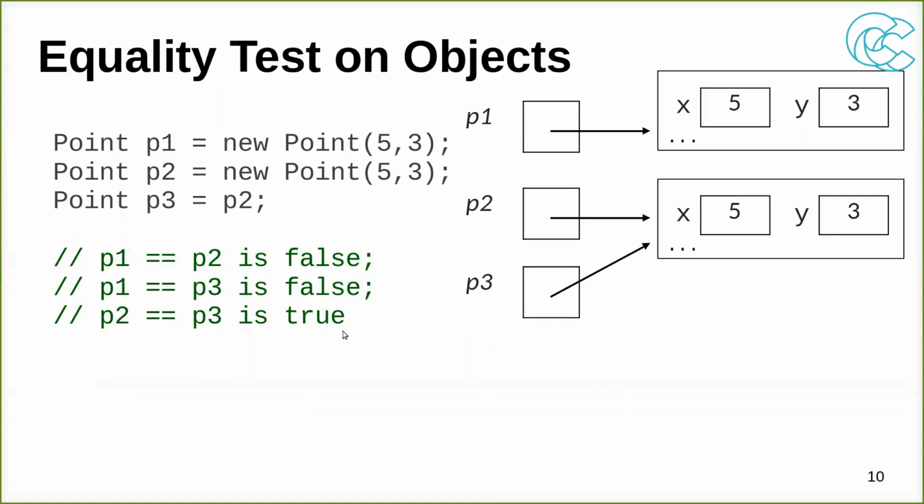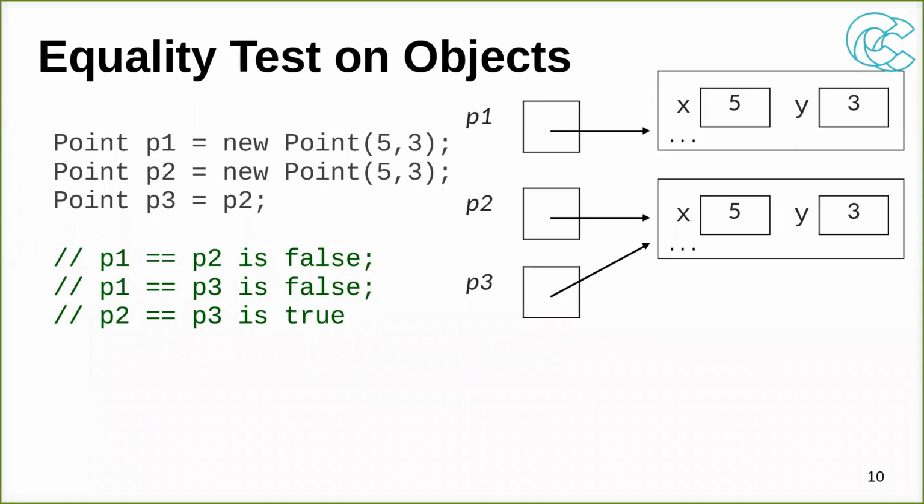So can you tell me the reason for this? Why do you get false in the first two cases and true in the third case? Sir, because when we write P1 equals new Point, P1 refers to an object which has the value 5 and 3, and P2 refers to another object which has the value 5 and 3. So P1 and P2 refer to two different memory locations.